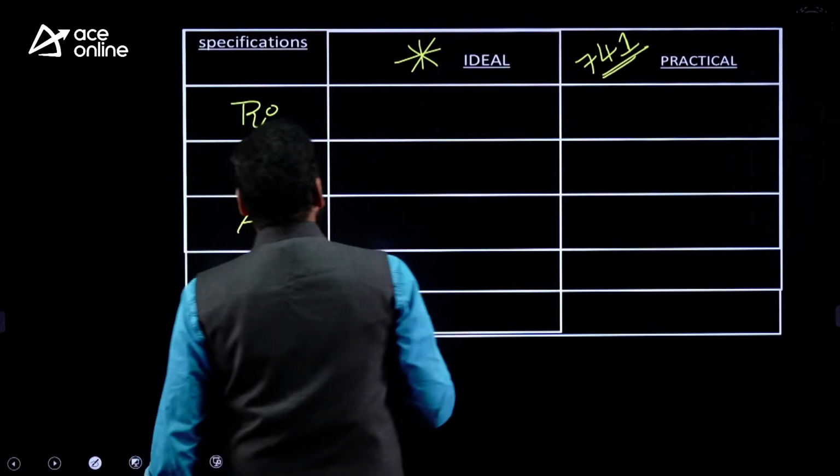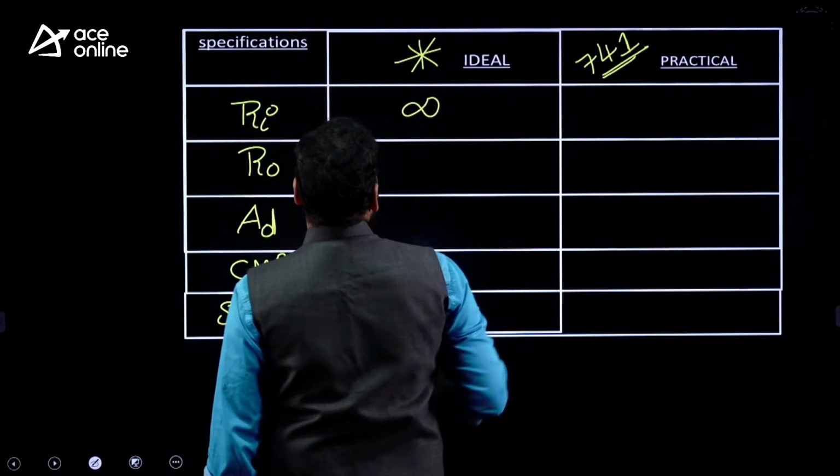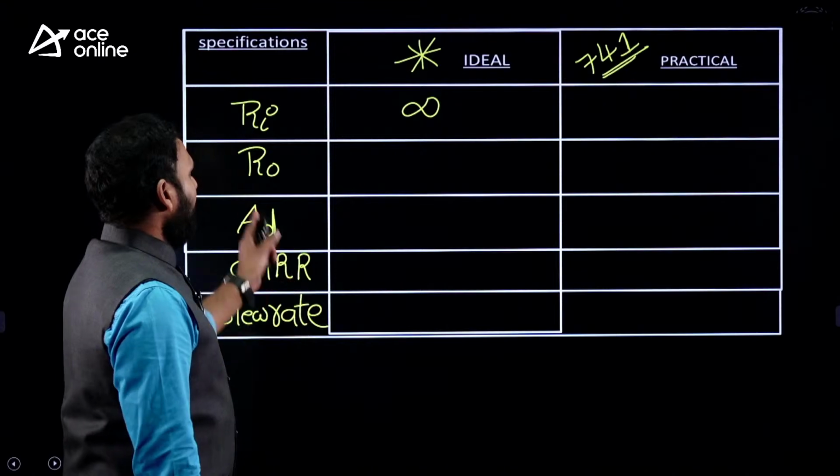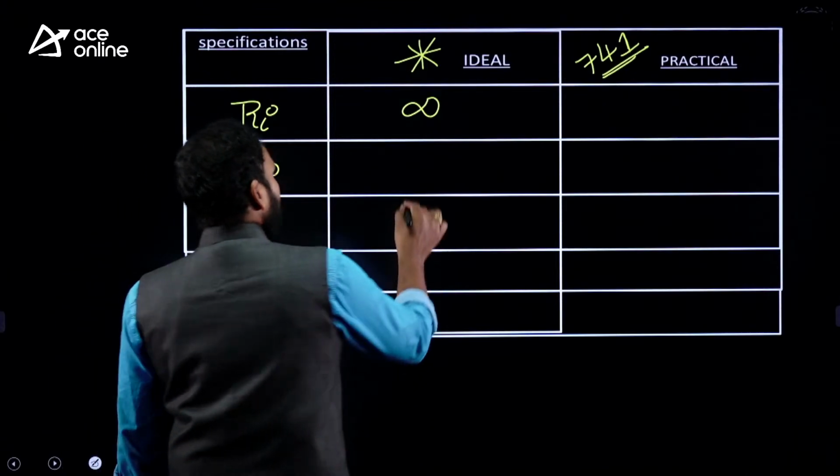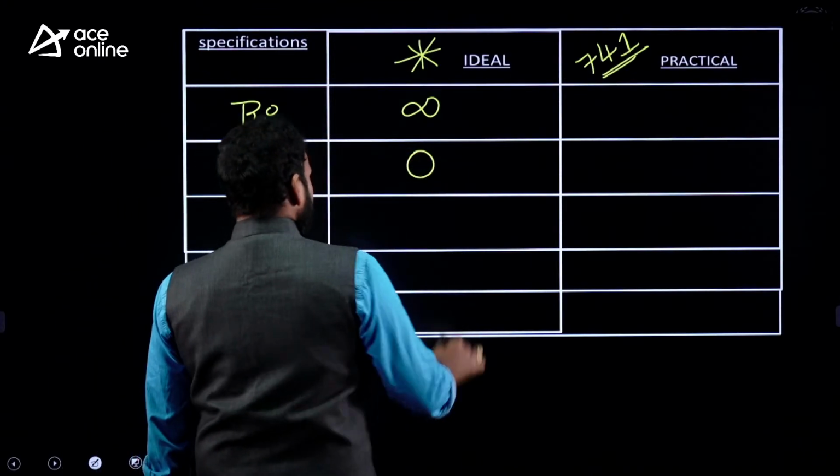Input impedance very high, so infinite, units ohms. Output impedance very low, 0 ohms.